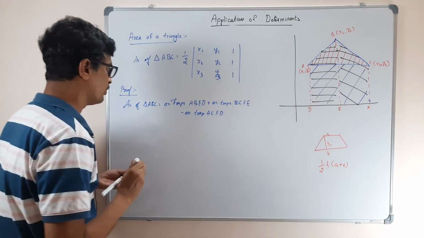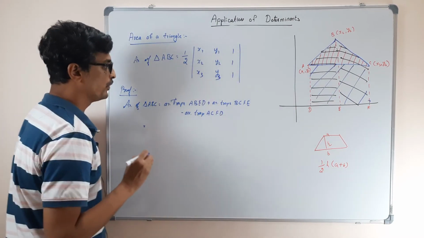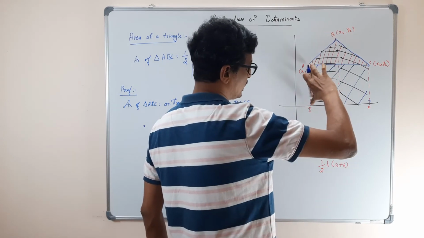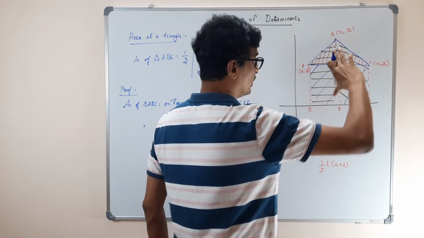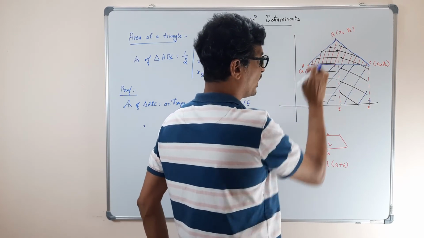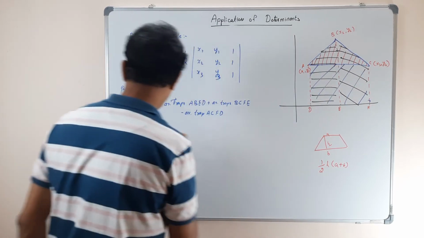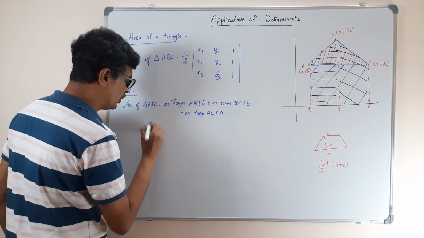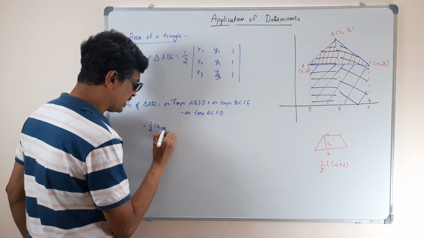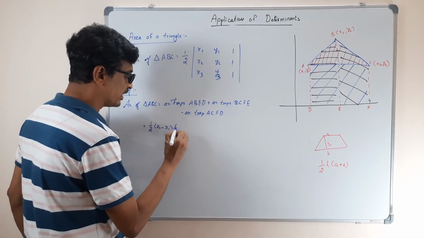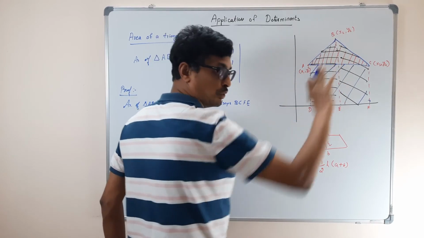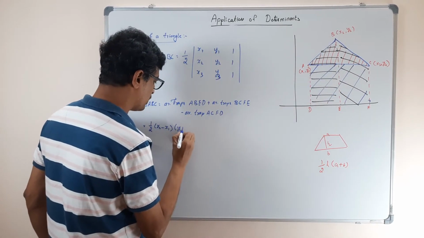So the area of trapezium ABED: this length is y1, this length is y2, and the height is x2 minus x1. That will be half, x2 minus x1, into y1 plus y2.